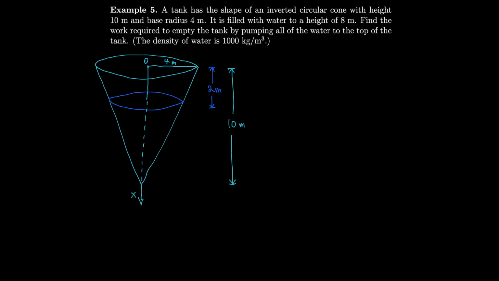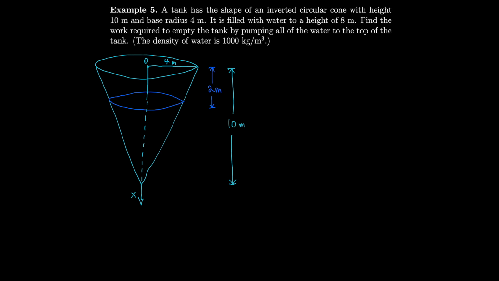And that's our x-axis now. So we would like to know the amount of work done to pump all of this water out, but the amount of work done is going to be different depending on what level of water we're at. The work will be a lot more to pump out certain parts depending on where the water is and how much water it has to pump out at that level.